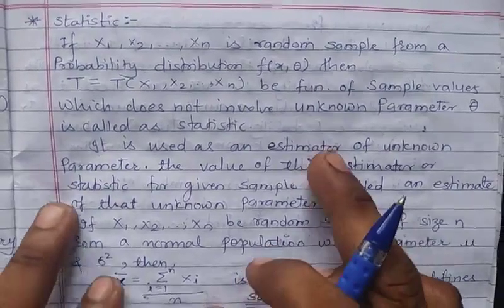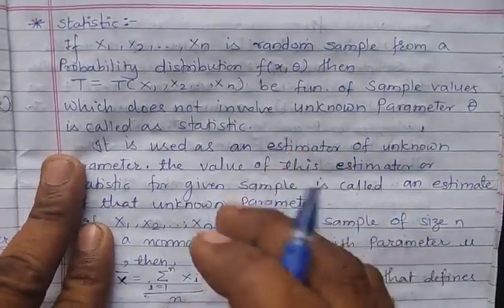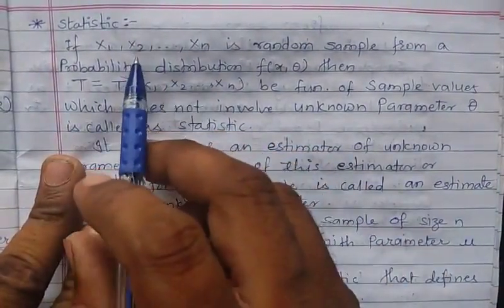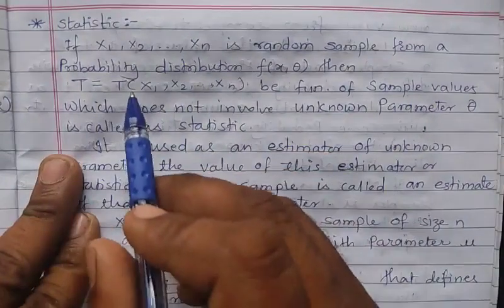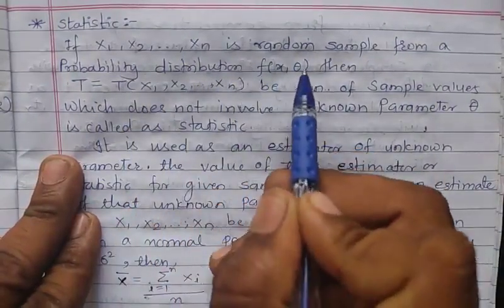Next we will see the statistic. Suppose x1, x2 up to xn is a random sample from a probability distribution function f of x, theta.